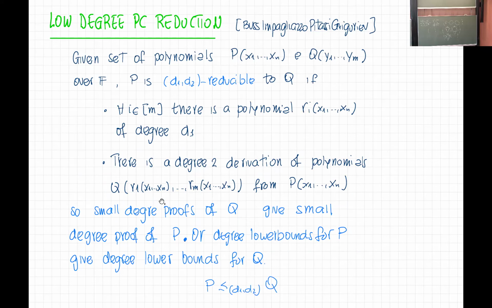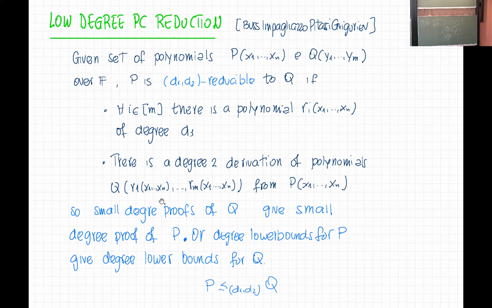So what kind of reduction are we using here? We are using this concept of reduction that was introduced for PC, to keep the degree in polynomial calculus refutation bounded. So let's say that we have two families of polynomials P and Q, that you have to think of as low degree polynomials.